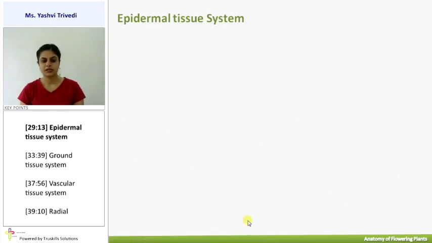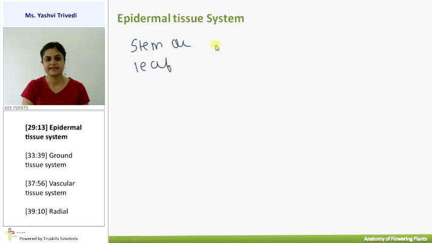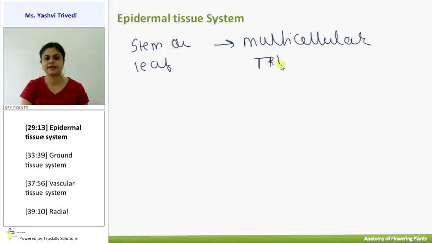Further, not just this, but the epidermis also has certain appendages on them. Those appendages are in the form of hairs. If it is stem or leaf, then these appendages would be multicellular and they are called trichomes.